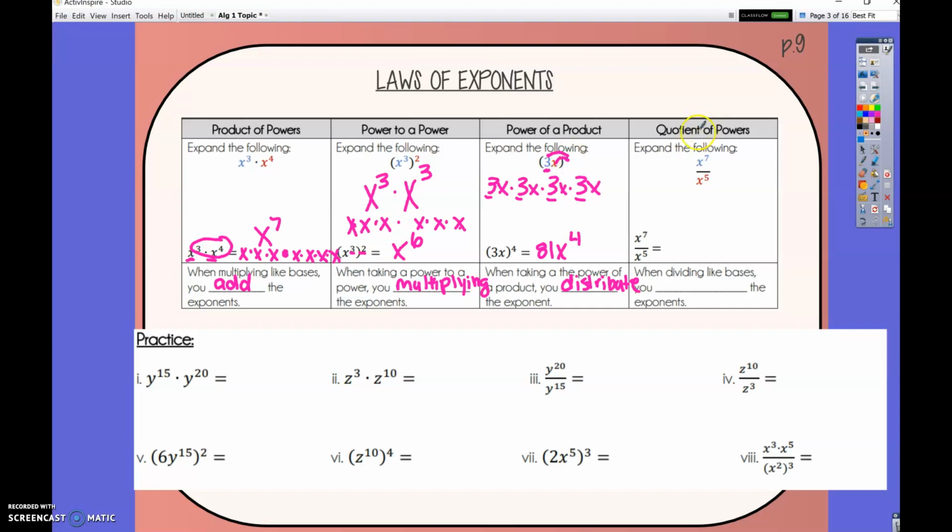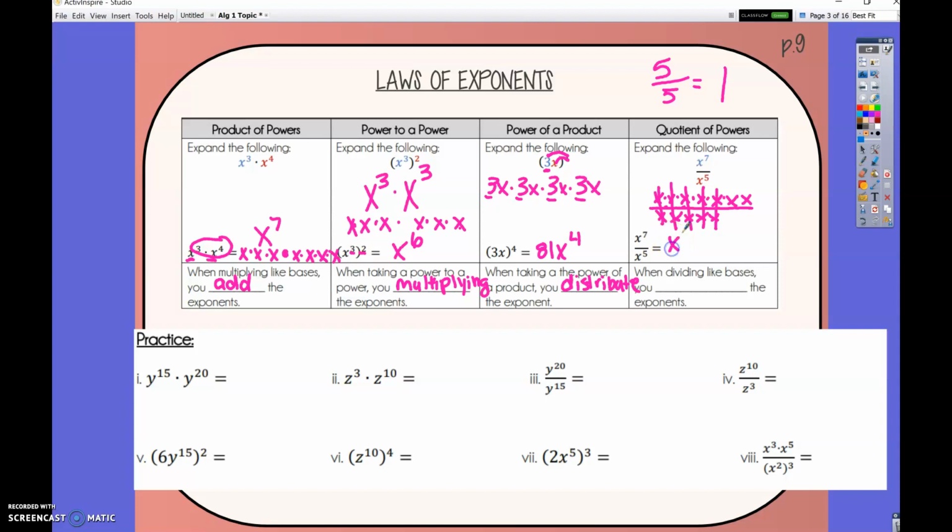On division or quotient of powers, if we were to expand it, we would have 7 x's on the top in the numerator and 5 in the bottom. We know that if you took 5 divided by 5, it would make 1. It would reduce to 1. So x divided by x is also 1, times also 1, times also 1, also 1, also 1. We'd be left with 2 extra x's, and we would say x times x makes x squared.